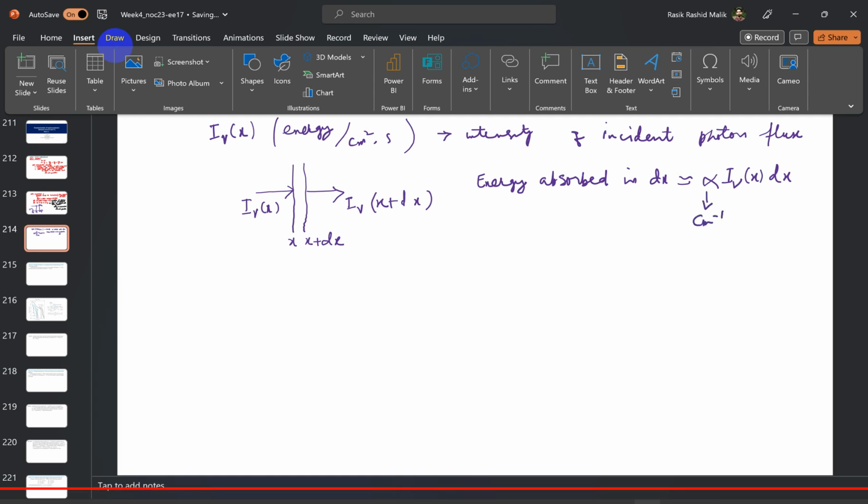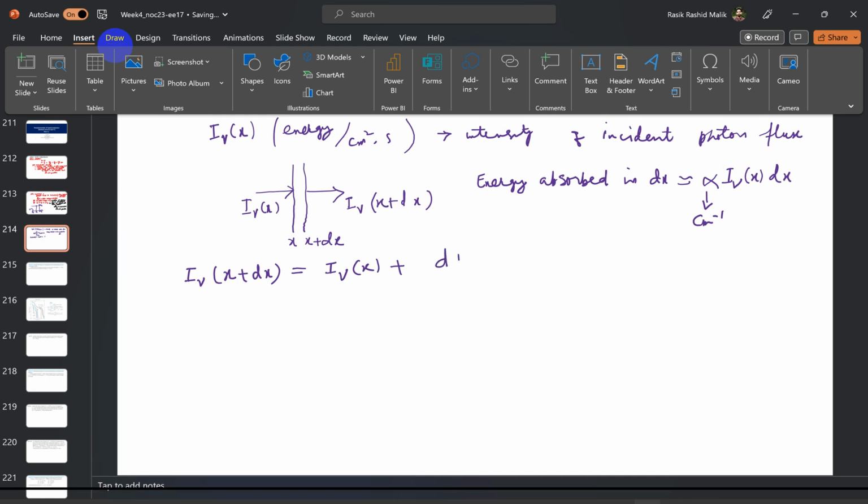Okay, so from this figure I can write Iv at x plus dx. Using Taylor's expansion, I can write it as Iv at x plus the differential of Iv with respect to x times dx.